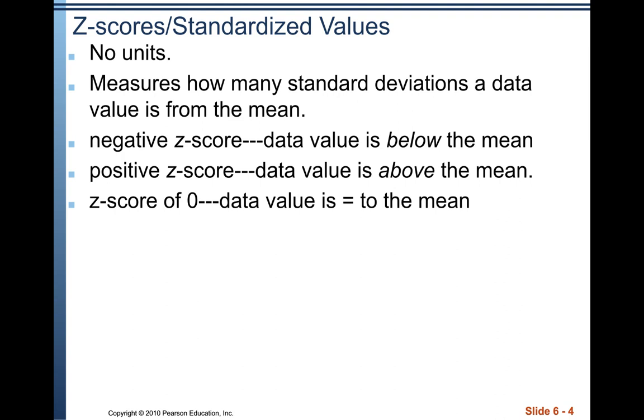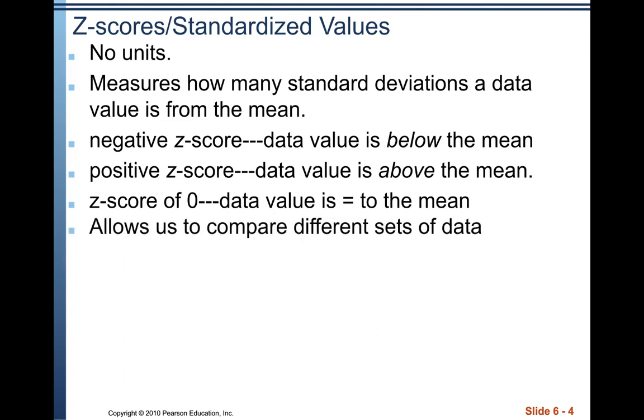And if your z-score is zero, that means that data value is exactly equal to the mean. So if you took a standardized test and whatever score you got was exactly the same as the mean, then you would have a z-score of zero. Okay, and what z-scores allow us to do is compare different sets of data.